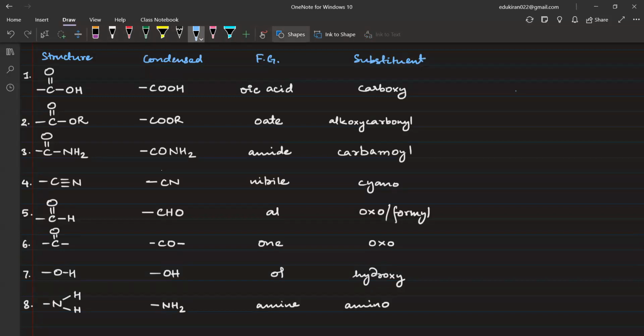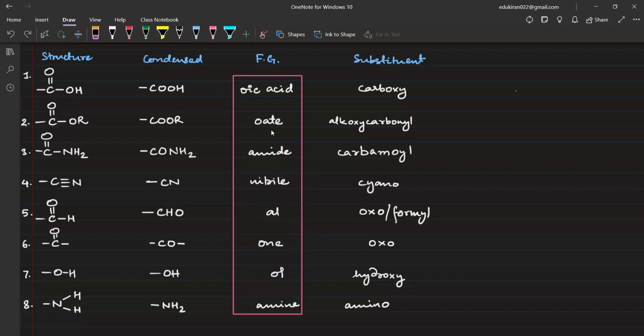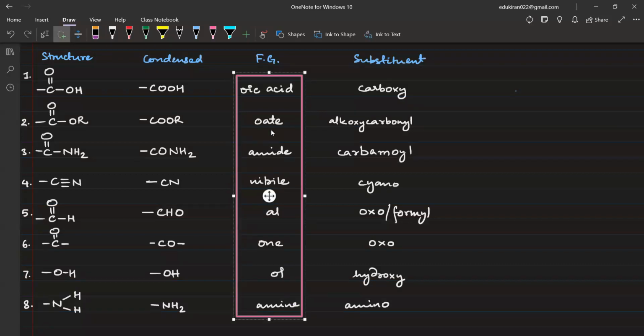So what is important? Oleic acid is important. Similarly, these are important. All of these are important. You have to remember all of these functional groups, no matter what. Even though ester and amide come very little, some may come.